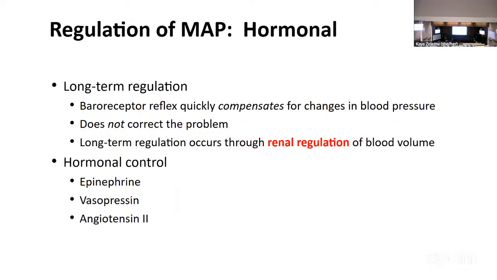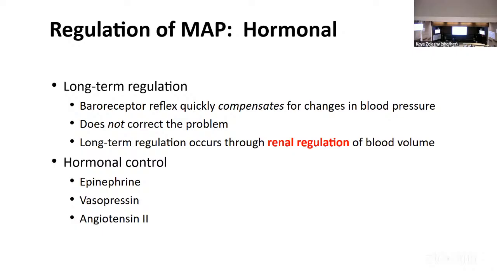Okay, so this is in particular a response to hypotension, to that low blood pressure, because that's a more immediate threat to life. But we also want to realize that this is really just kind of a compensation for low blood pressure, for these drops in blood pressure. We haven't necessarily changed what's going wrong overall.